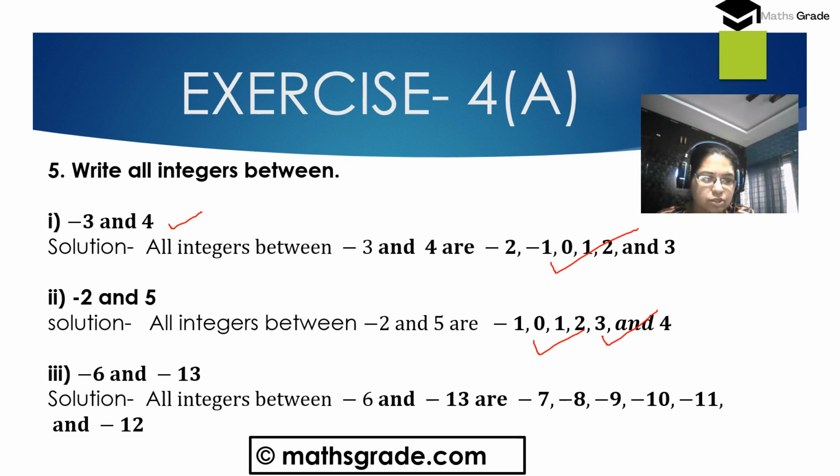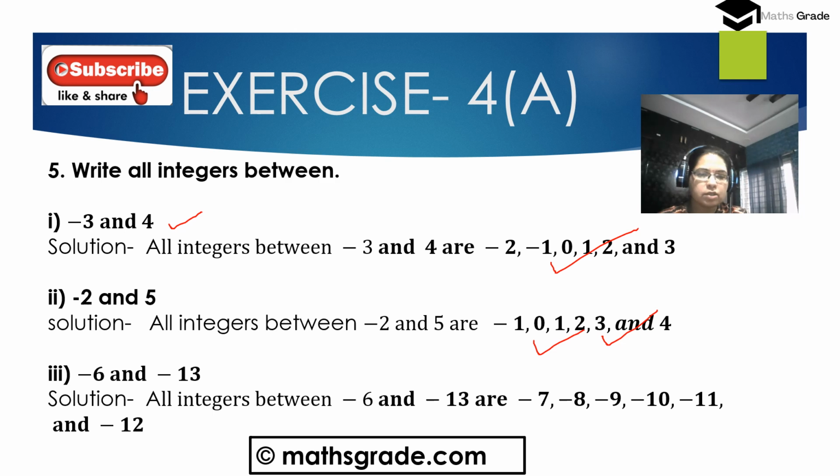Third part, -6 and -13. All integers between -6 and -13: after -6, to the left hand side it will be -7, then -8, then -9, then -10, -11, -12.